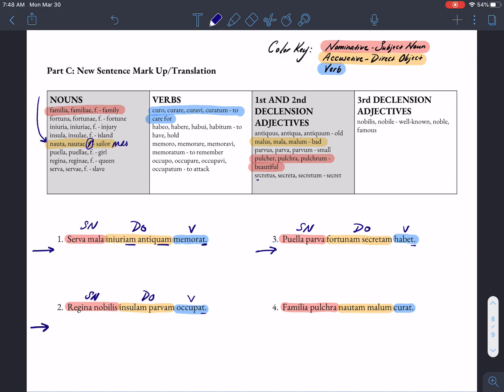It's masculine. So if this noun nautam is masculine, it needs an adjective that has an accusative masculine ending. So that's why it's not nautam malam, it's nautam malum. So it has to agree. All right, so this is your markup. If you'd like to pause the video and go through and do that now, you may do so. Write your translation here. And next week we'll go over those.